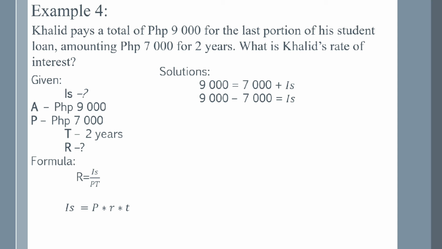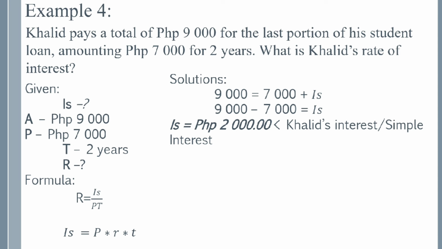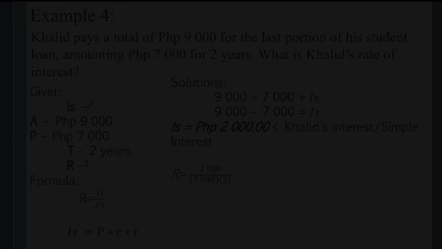But since we are looking for the simple interest and not for the total amount, all we have to do is move the symbols. So it will turn to 9,000 minus 7,000, and that is our simple interest, which is 2,000, and that is Khalid's simple interest.